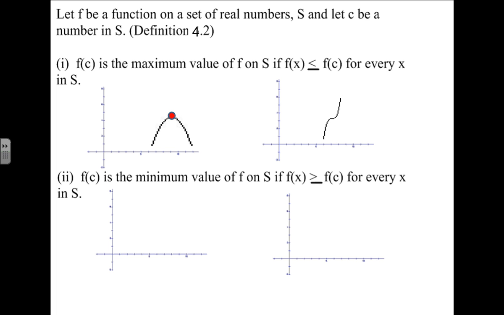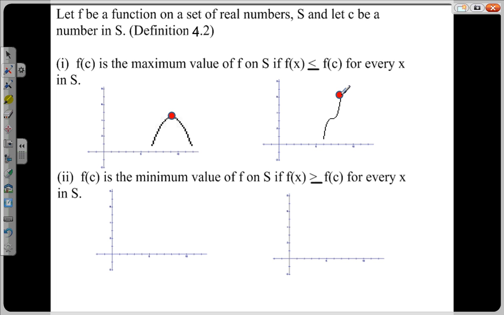Where's the maximum at? That's on a closed interval. We talked about that, didn't we? So on a closed interval, your maximum could be at the end point, or it could be where the derivative equals 0. The question now is, what happens if you have both?